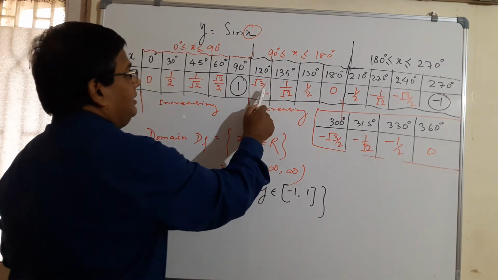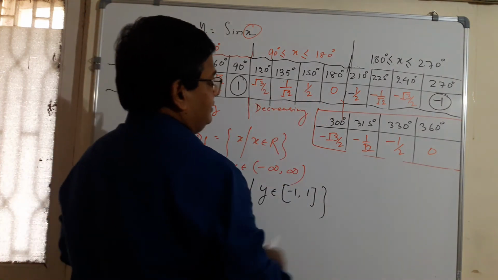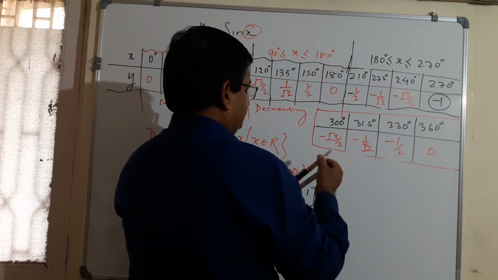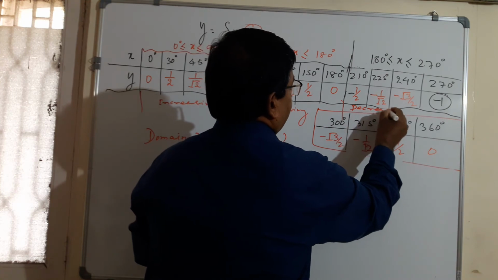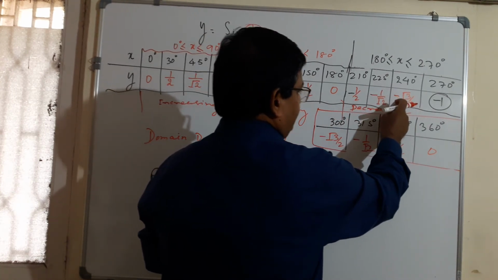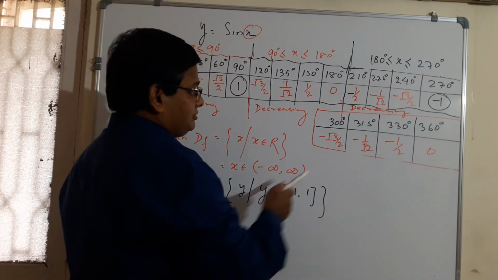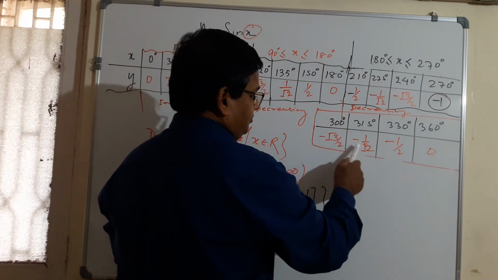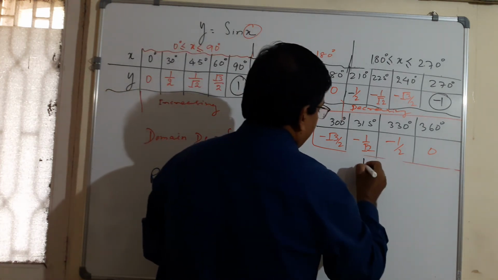In the third quadrant, root 3 by 2, 1 by root 2, 1 by 2, 0. Decreasing, because minus 1 by 2, minus 1 by root 2, minus root 3 by 2, minus 1. Now in the fourth quadrant, minus root 3 by 2, minus 1 by root 2, minus 1 by 2, 0. Here it is increasing.